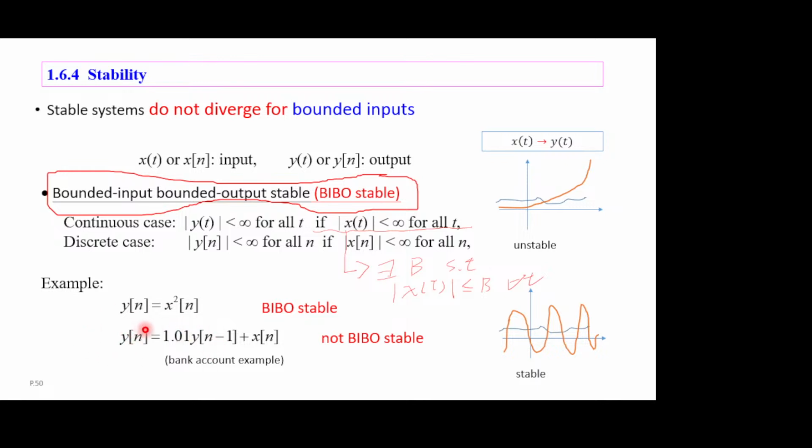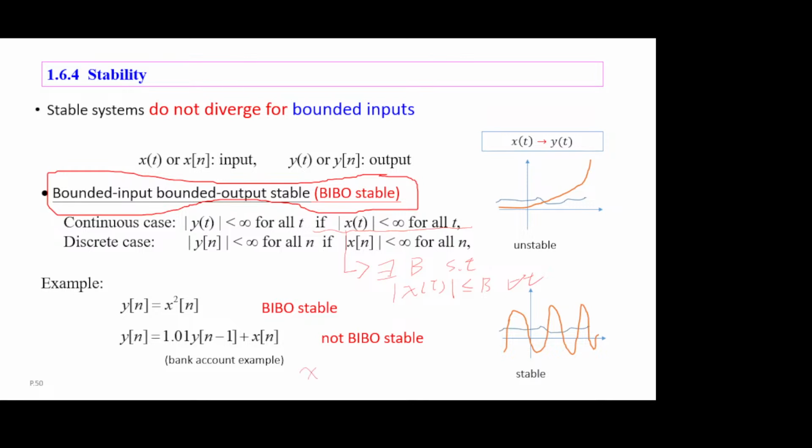So it's even easier. Let's say you deposit like $1 in some place.